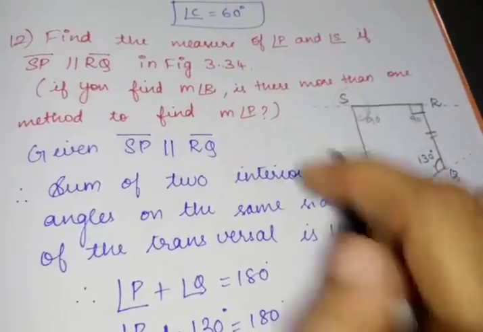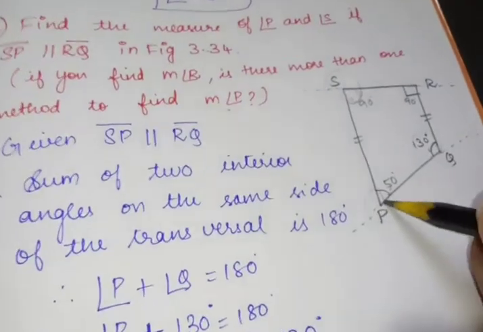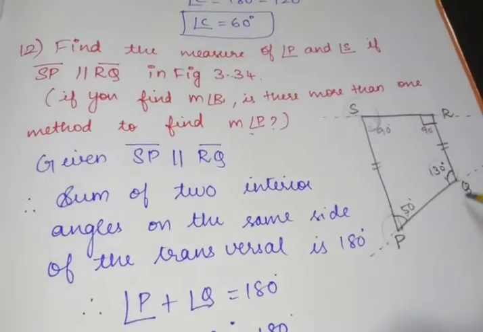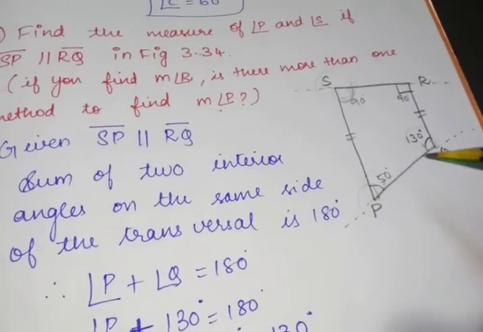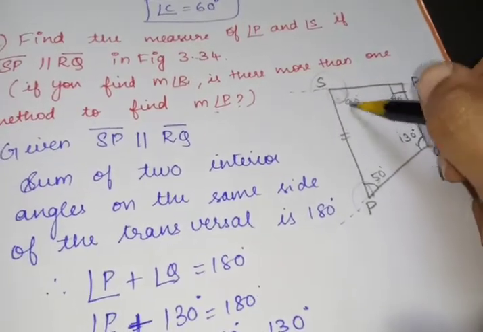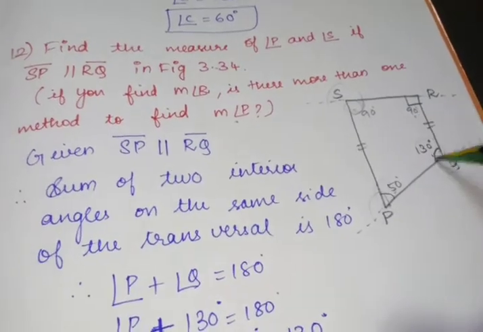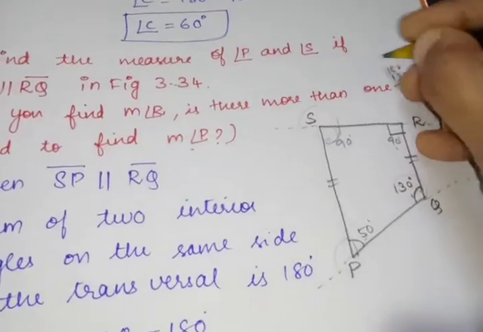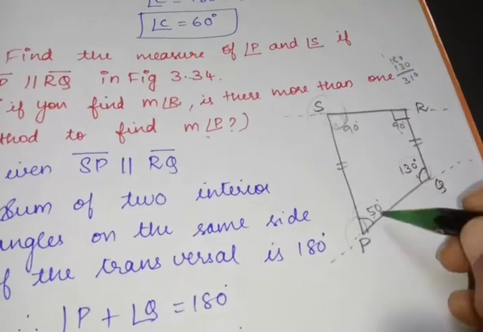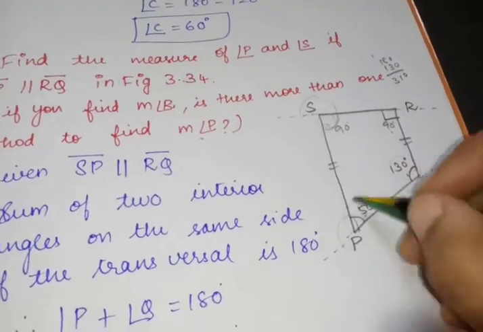You have to find the value of P now. How will you find it? The sum of all the interior angles of a quadrilateral is 360 degrees. So if you add 90 plus 90, 180, 180 plus 130, 310. Then 360 minus 310 is 50 degrees.